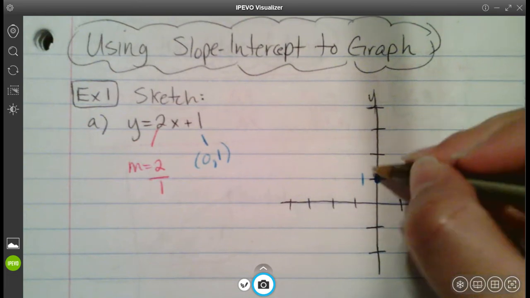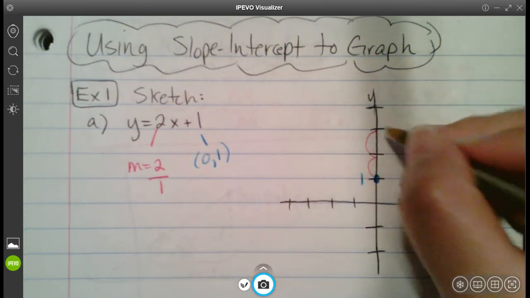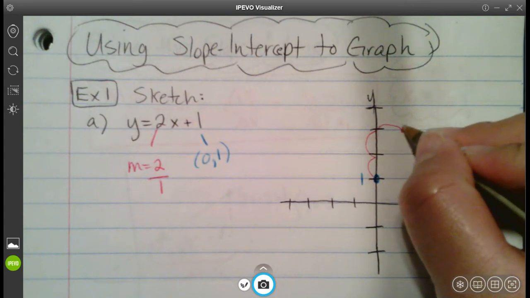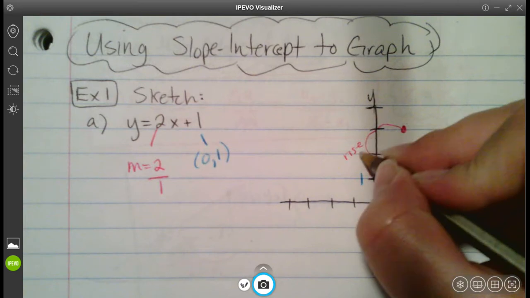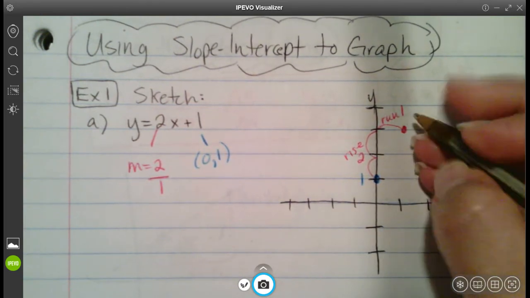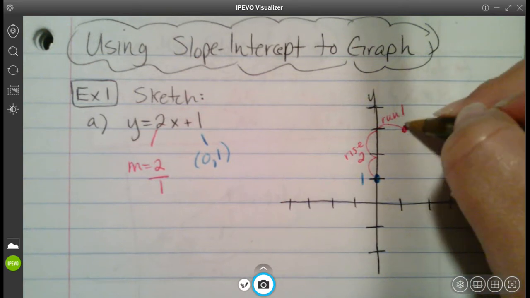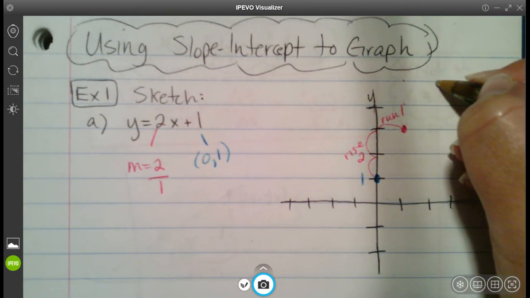From here, I'm going to go up 2 because that's the rise, and then over 1. That's rise 2, run 1, and then I do it again. So up 2, pretend there's a point there, over 1.